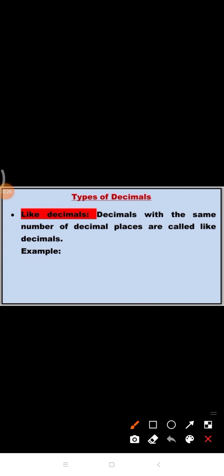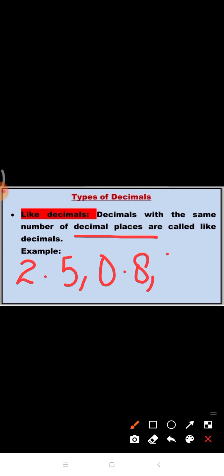Decimals with the same number of decimal places are called like decimals. For example, we have 2.5, 0.8, 10.6.